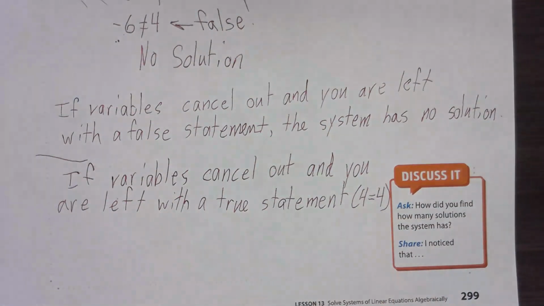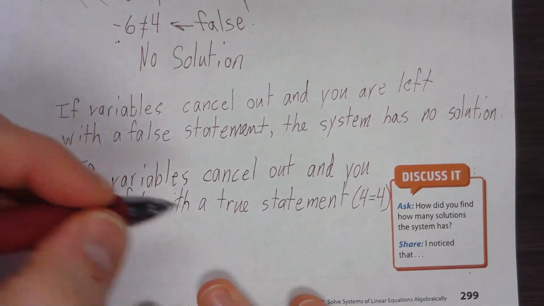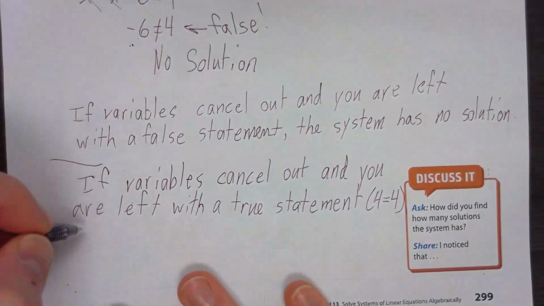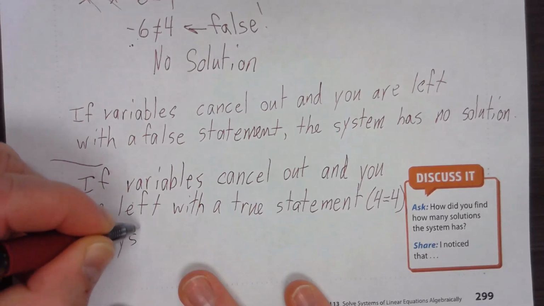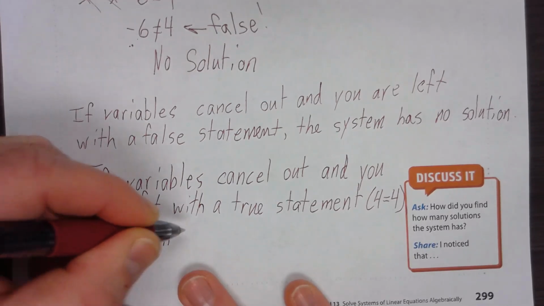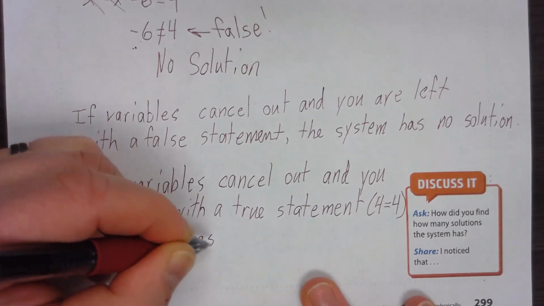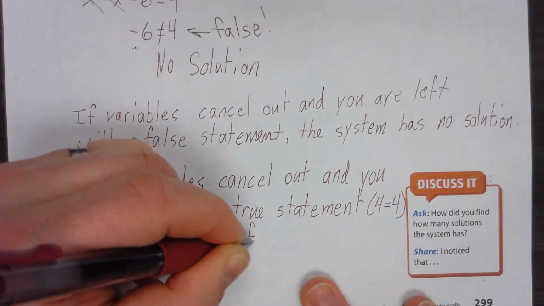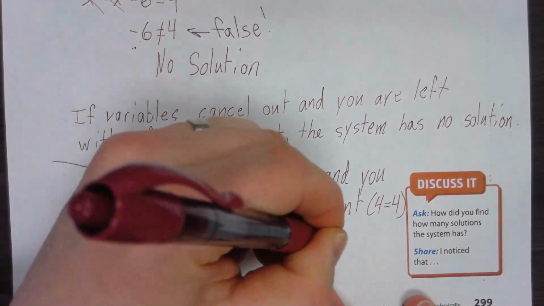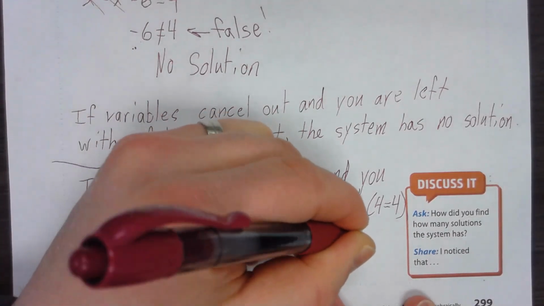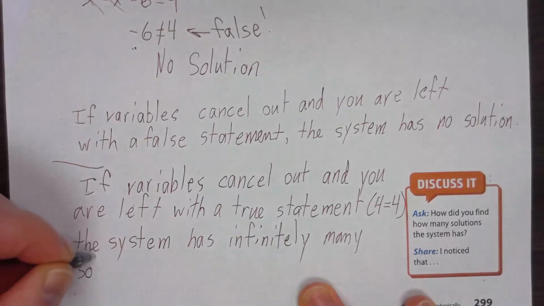If we would have been left with 8 equals 8, if it would have been true, the same number on both sides, the system has infinitely many solutions.